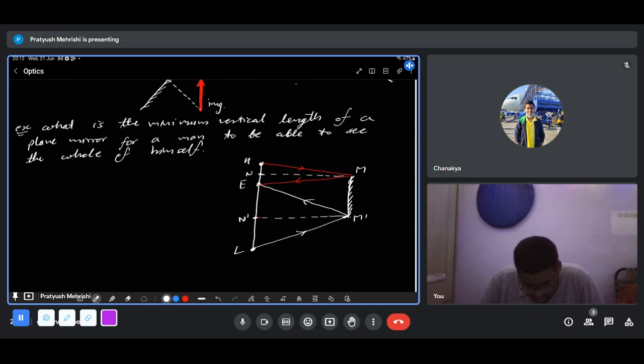So what can we see in these two triangles? Here, triangle HNM is congruent to triangle ENM.